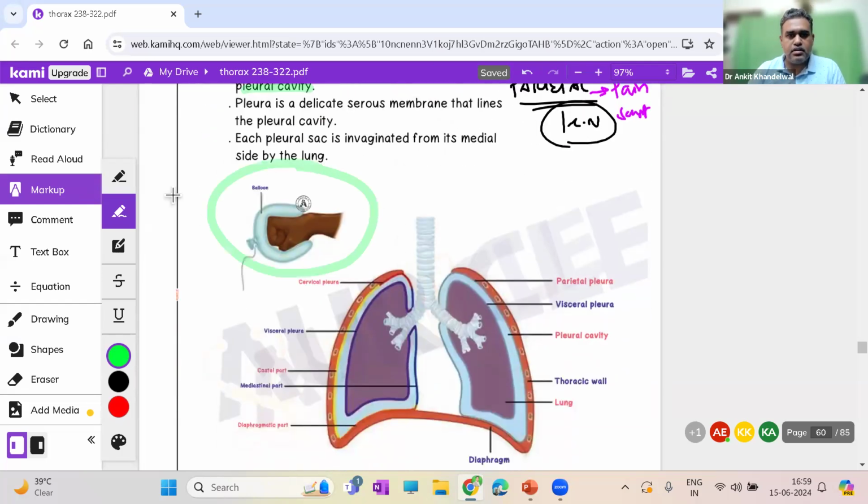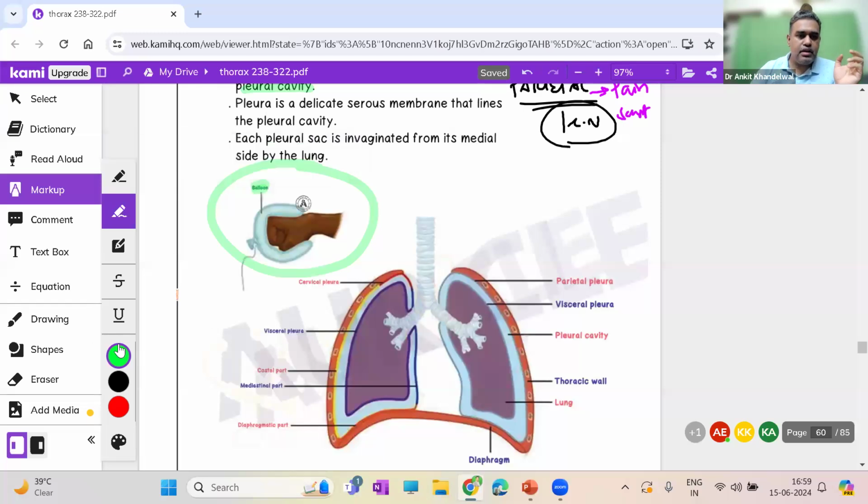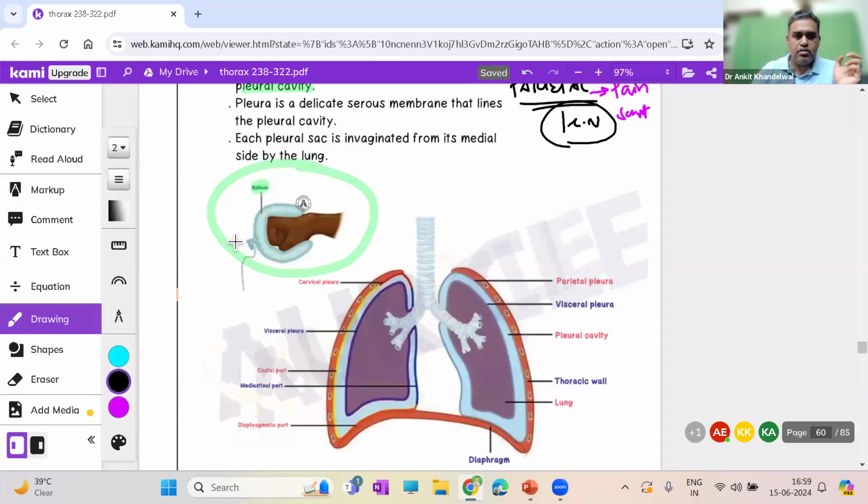This imagination is important. You take a balloon and you put your fist deep into it. Slowly, what will happen is, this surface of the balloon is in touch with the hand. Imagine the hand to be the viscera, say the lungs.